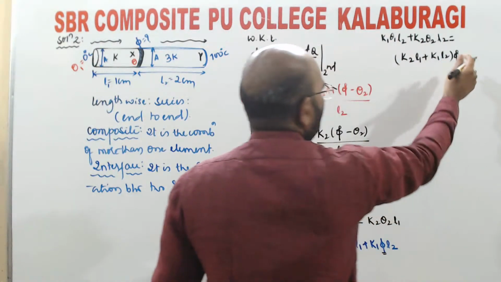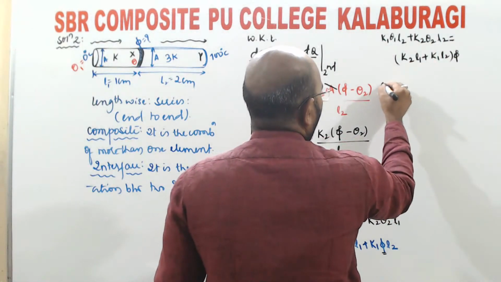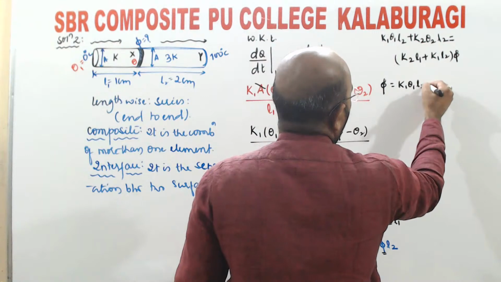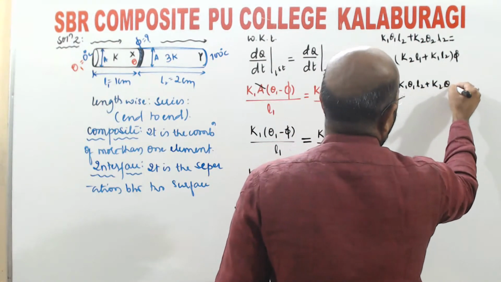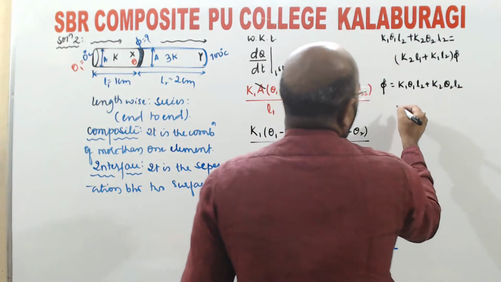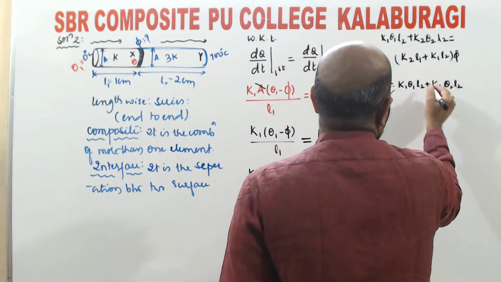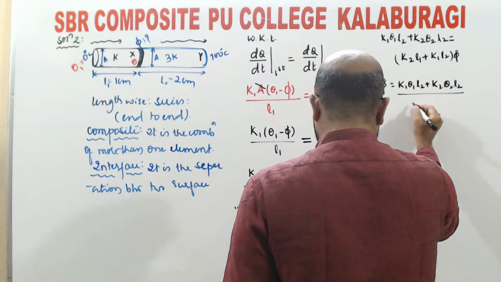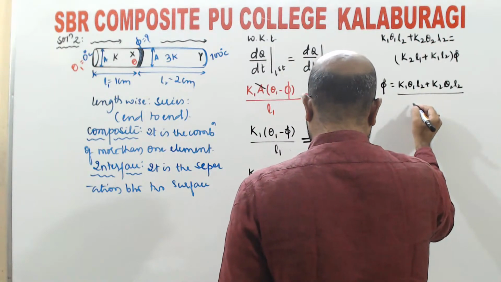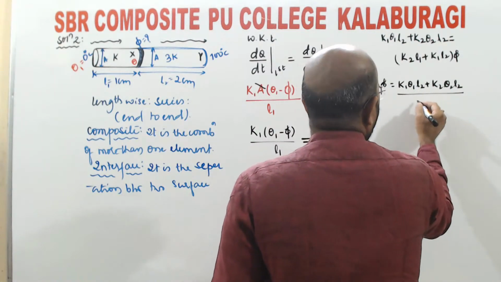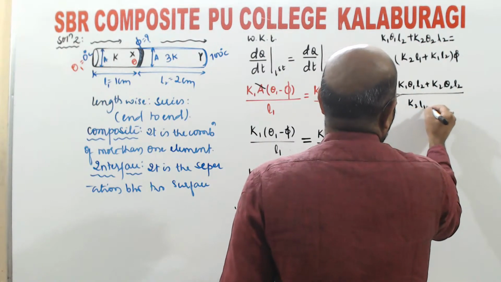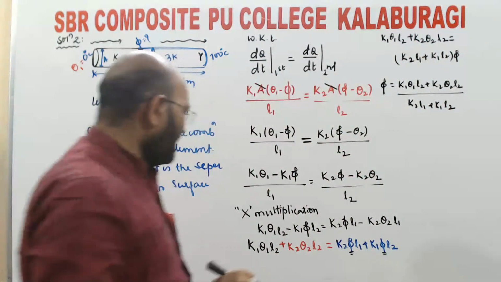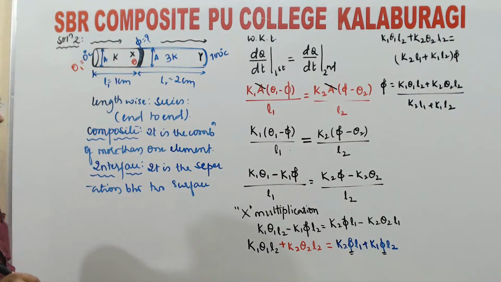Therefore phi equals K1 theta 1 L2 plus K2 theta 2 L1, divided by K2 L1 plus K1 L2. Here we can get the condition clearly.